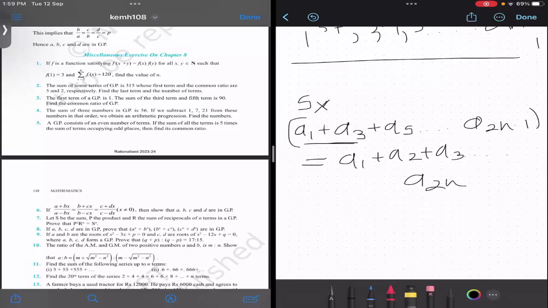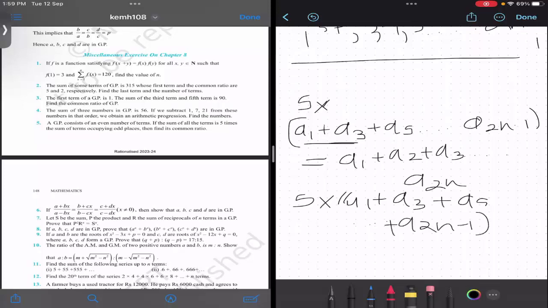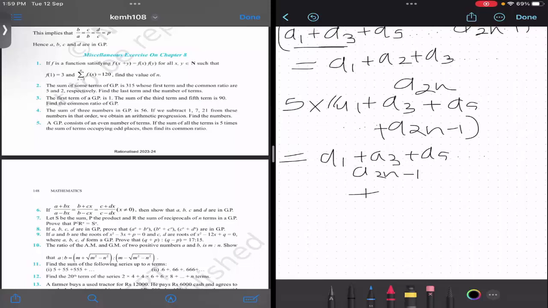Now, can I segregate the RHS as, let me just write this down and then I'm going to explain it to you, right? So LHS, I'm not doing anything else with LHS. I'm just writing it as it is. This is my LHS is equal to, can I write the RHS as A1 plus A3 plus A5 up until A2n minus 1 plus A2 plus A4 plus A6 plus A8 up until A2n.